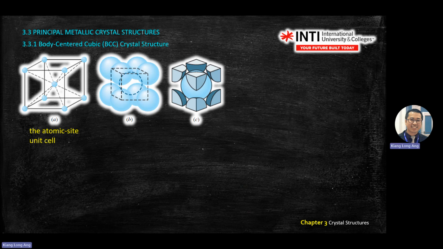Use the hidden line. You have learned the CAD or technical drawing already. So the hidden face, you use the dotted line. So the first presentation is called atomic site unit cell.